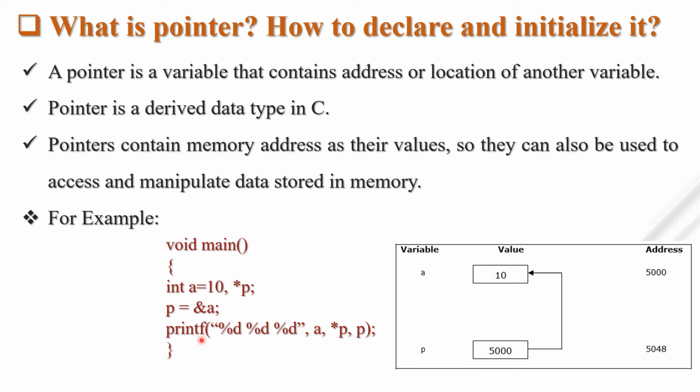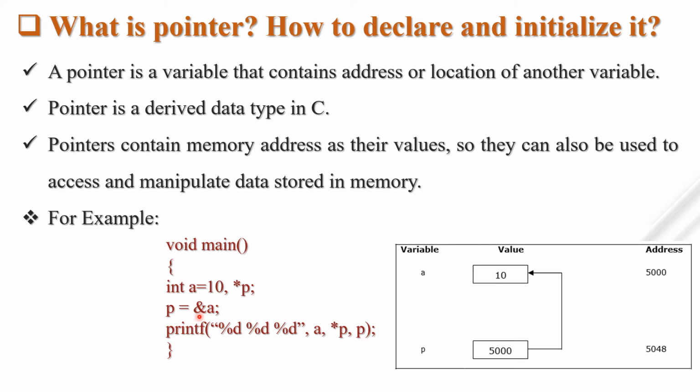Now if I print the value of a, the value of star p, that is pointer p, and p, what will be the output? First, what is the value of a? 10. Whenever I put the star mark, it represents the value at that particular address. For example, here p will store the address of a.